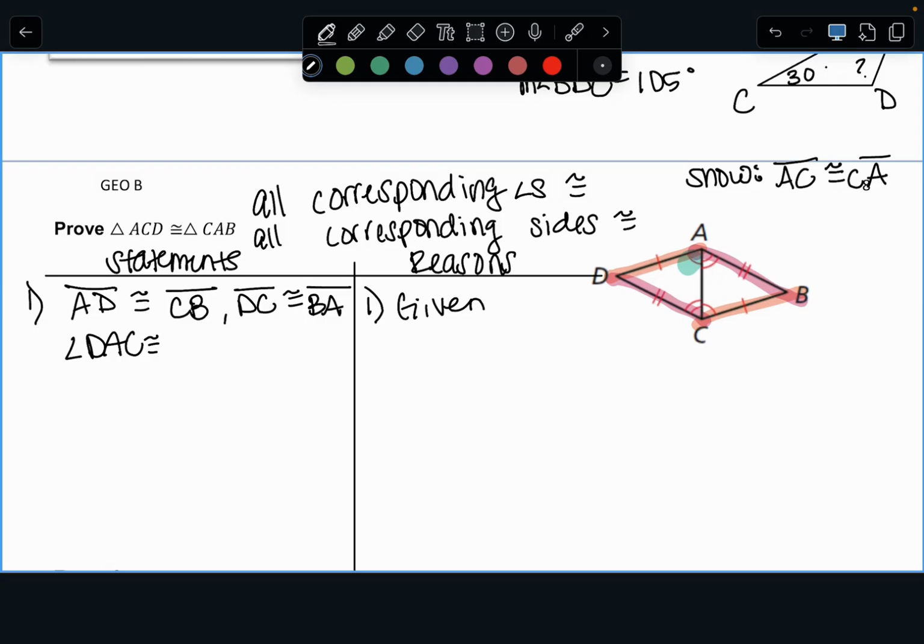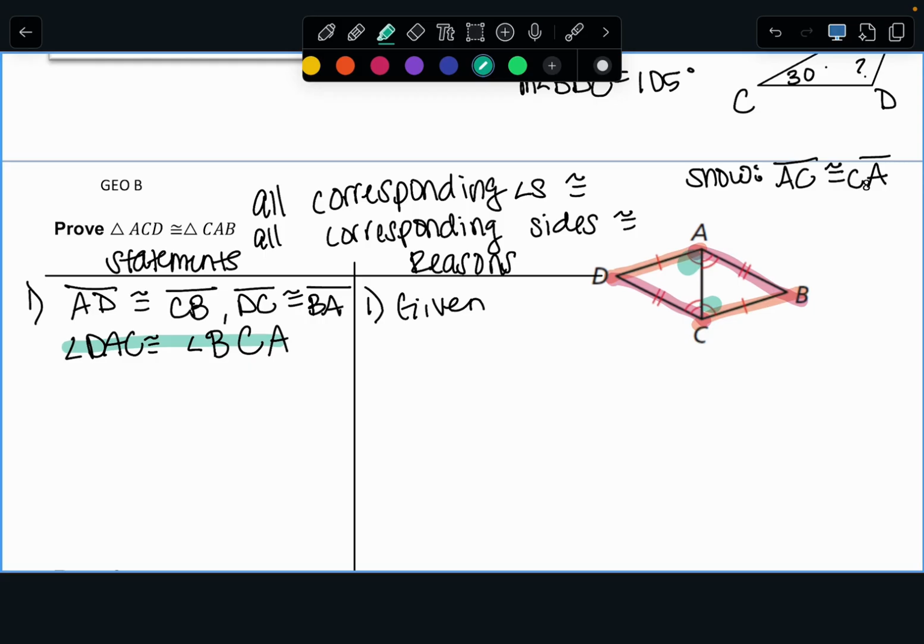Angle C. The way we would name it is C has to go in the middle with A. But then D goes with B and C goes with A. So we would get BCA. Does everyone see that? This is my teal angle, right here.